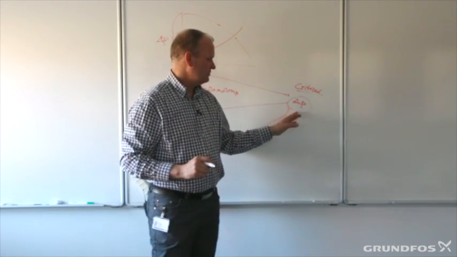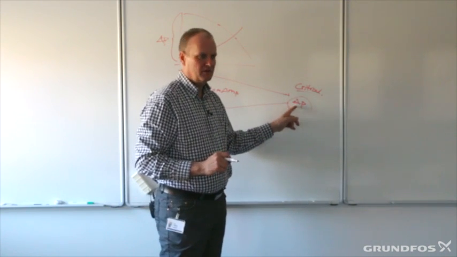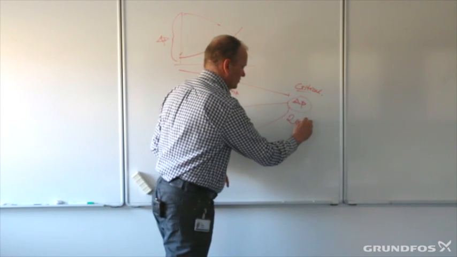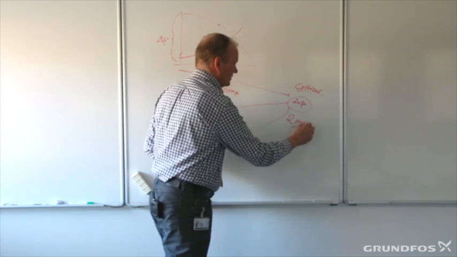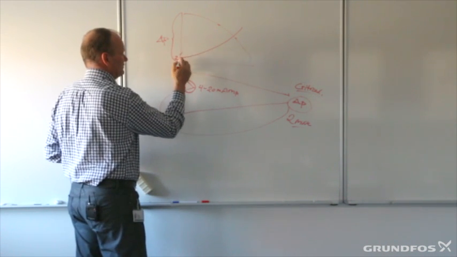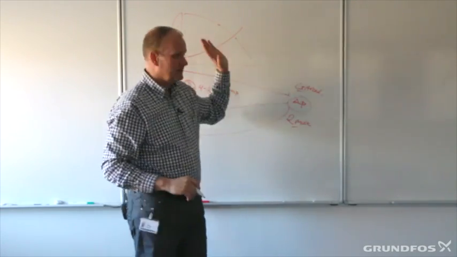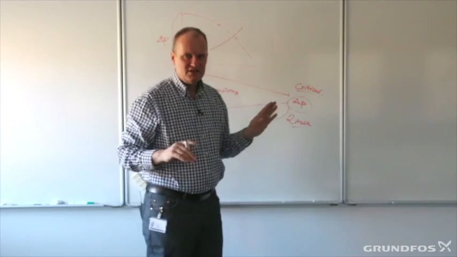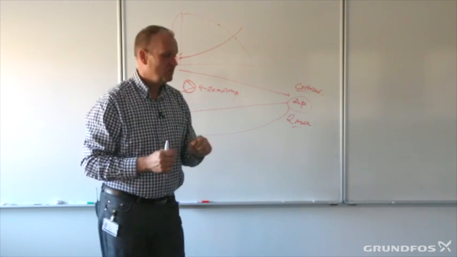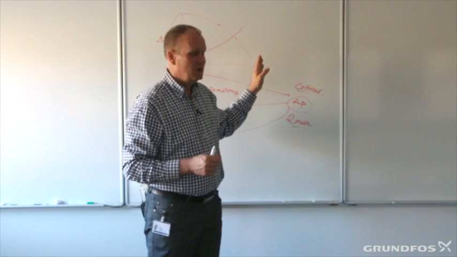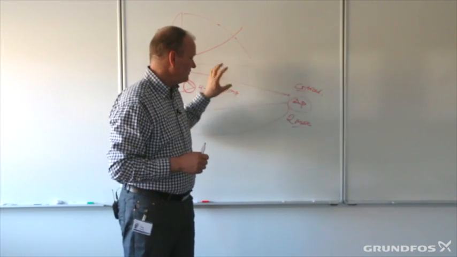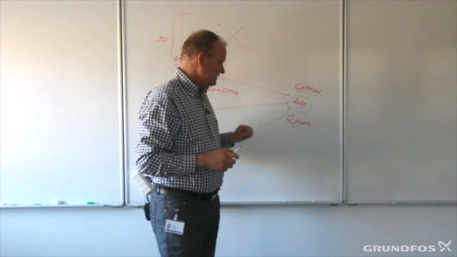So if we tell the pump you should at all times maintain 2 meter water column or whatever out here, then these 2 meters will be what we call the foot point of our control curve, and everything else is then taken care of. So that is the bulletproof way to operate a pump, where you also at the same time know that the cost of operation is as low as possible for the pump. That's one thing.